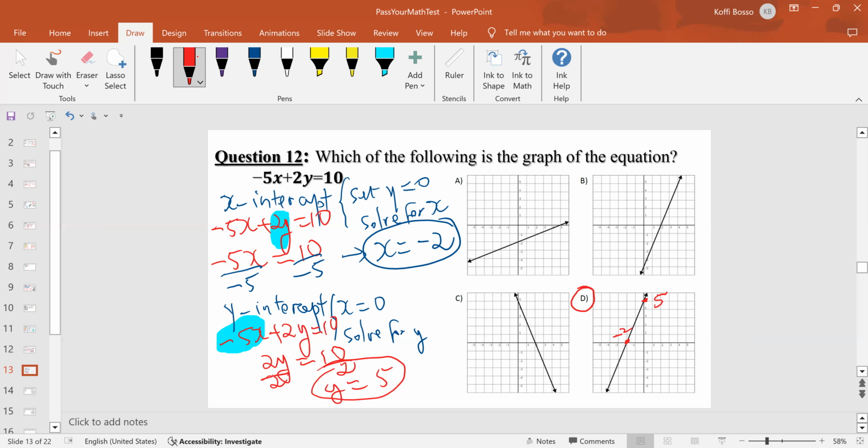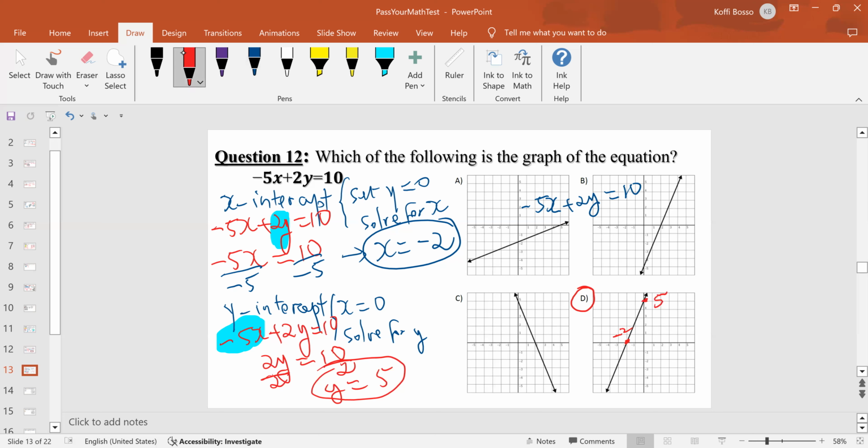Another method is that you can find the slope and the y-intercept of this graph. I can do that quick. So taking the same graph, let's write it here, -5x plus 2y is equal to 10, right?